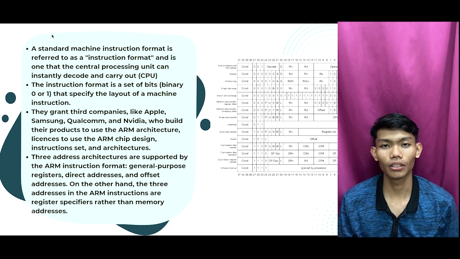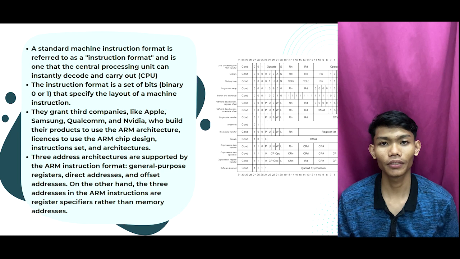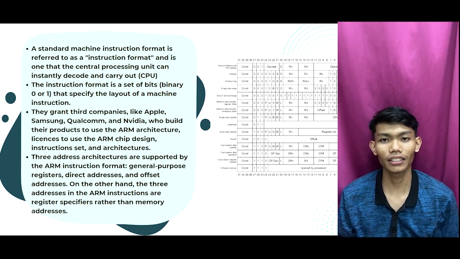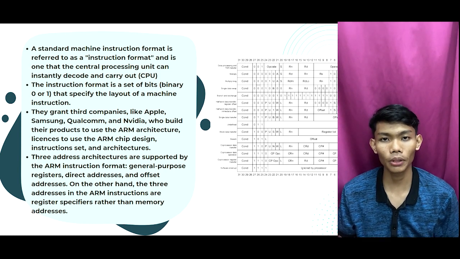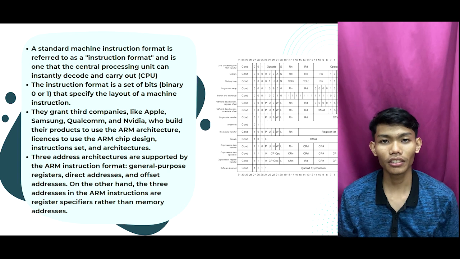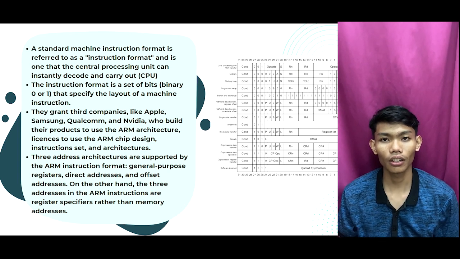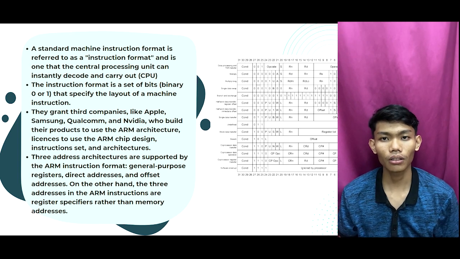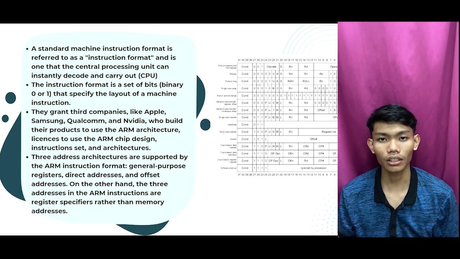So, I will continue. The standard machine instruction format is referred to as the instruction format, and it is one that the central processing unit can instantly decode and carry out. The essential instruction format is a set of binary bits, 0 or 1, that specify the layout of the machine instruction.